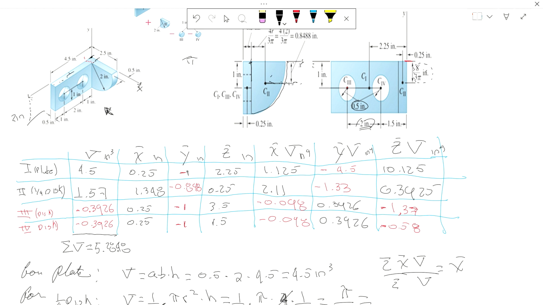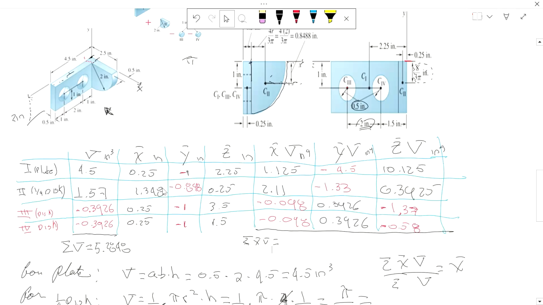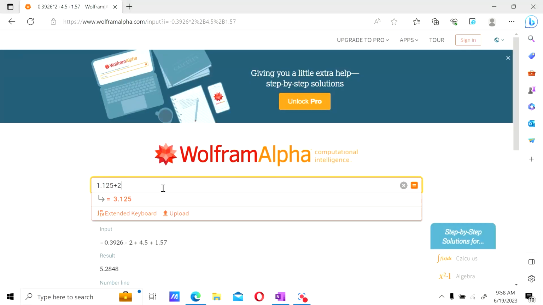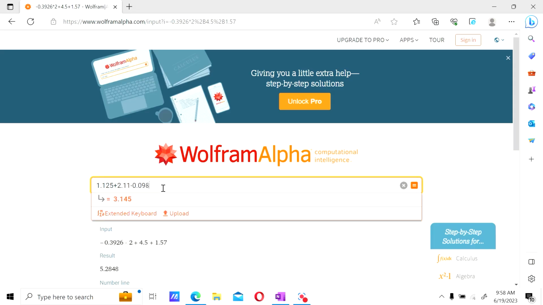All right. Then here, summation of x volume equals 1.125 plus 2.11 minus 0.088 times 2, which is 3.039.